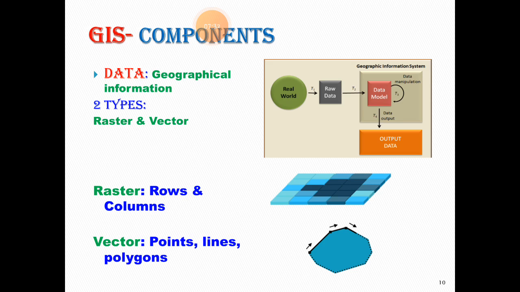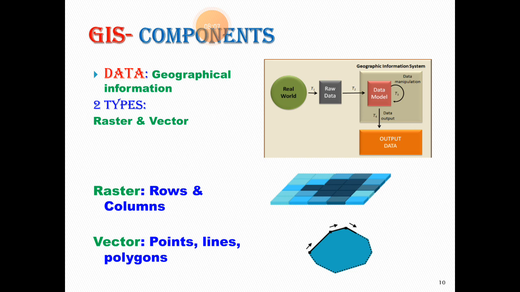The next component is data. Data here refers to geographical data or geodata or earth data, which is either raw or real-time data. GIS data is stored in attribute tables, and there are 2 types of data, namely raster and vector. Raster data looks like grid lines in the form of rows and columns.